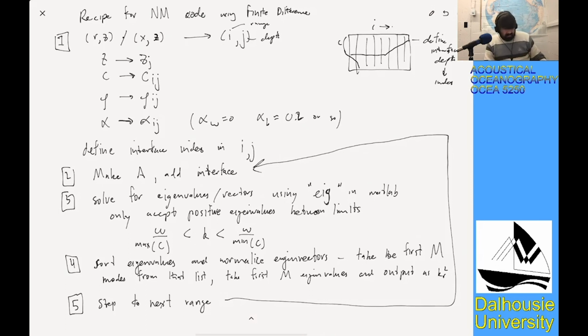And at the end, you're going to have kr as a function of range and m, mode number, right? So for example, if you take the first 10 modes, you're going to have kr for all your range steps, 10 different values.